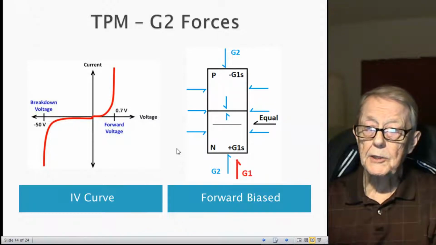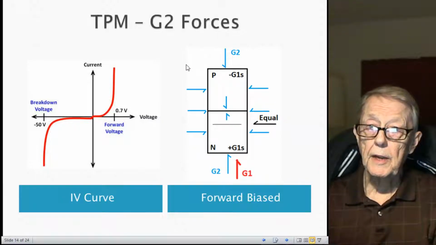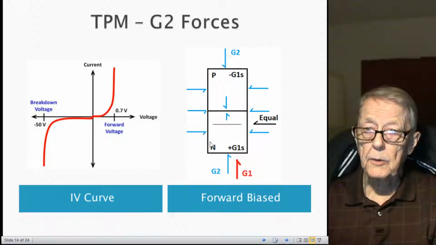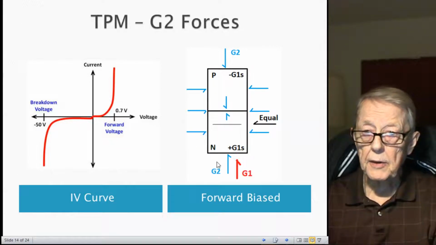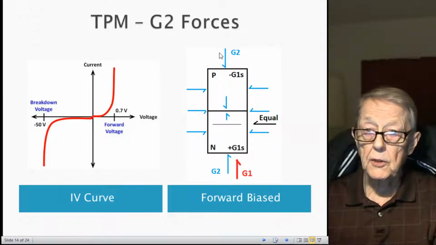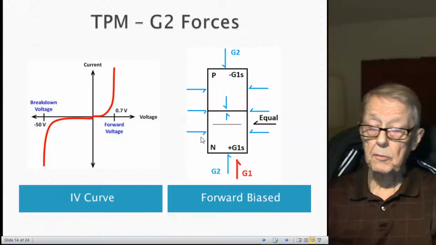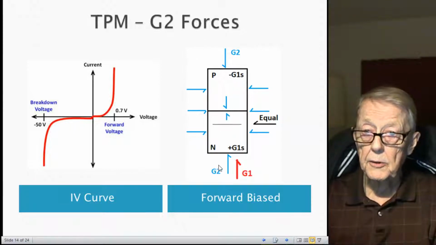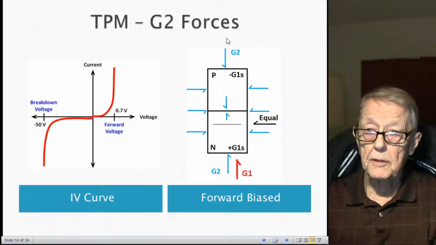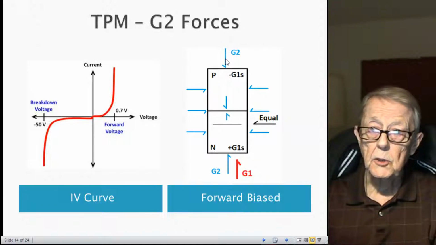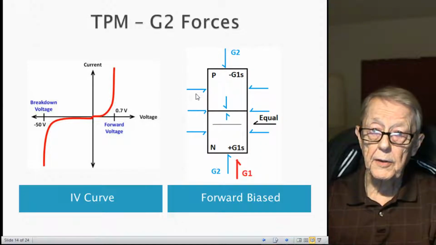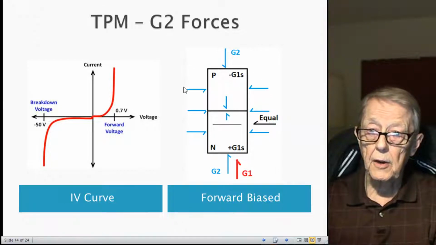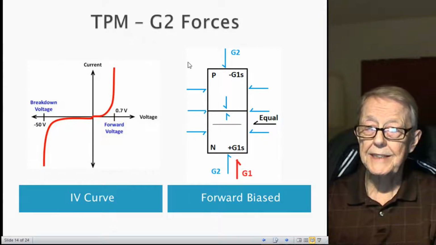So here is the particle model for the diode. The diode is surrounded, as I've said many, many times, every component, every circuit, the earth, my body, all surrounded by a G2 particle field. And I always assume, for simplicity, that the number of particles entering on all sides in 3 dimensions is equal.